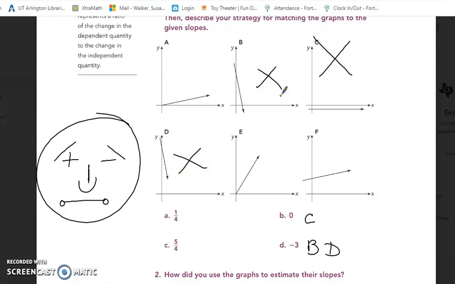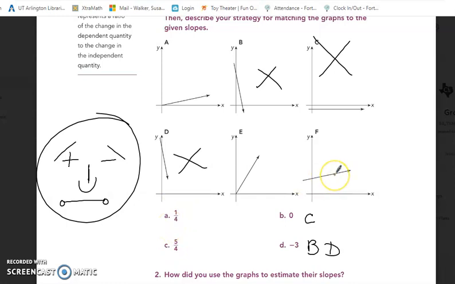Okay? Now, the rest of these, honestly, because we don't know the axis, this could be either. We don't know what the numbers are on the axis. So what I would say though is 1/4. That's a smaller number than this one. So that means this one will be less steep.